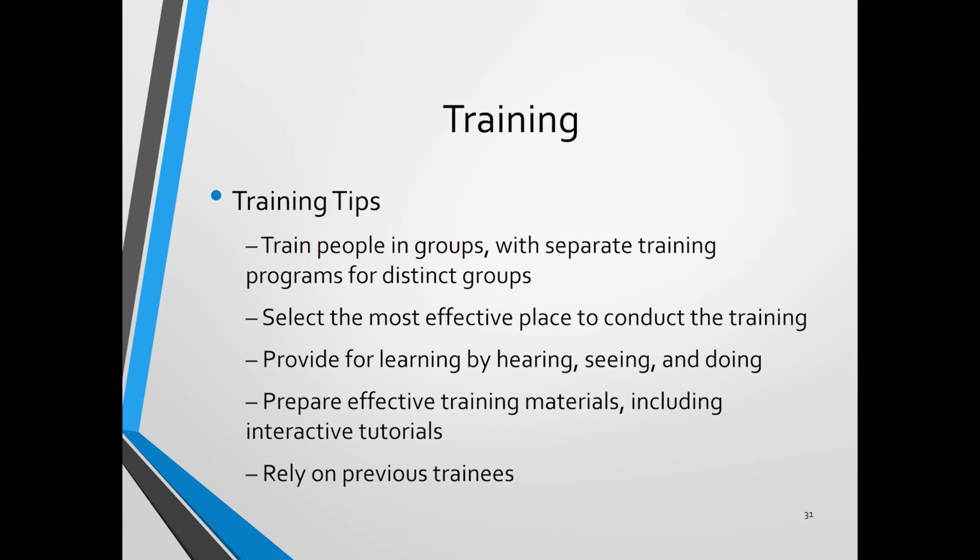We don't train people individually. We train them in groups, with separate training programs for distinct groups. For example, we train salesmen together in the same room. You want to train the accounting department, people from accounting go together.